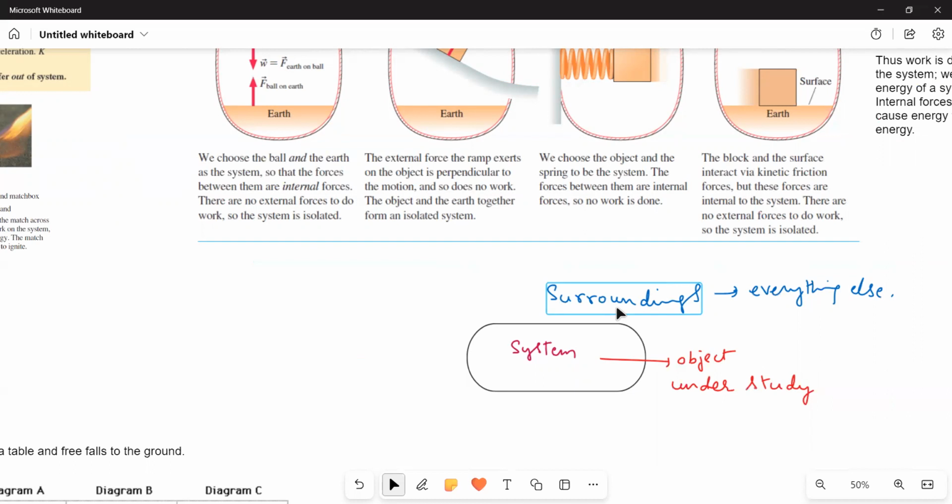Suppose work is done by the system, then the energy transfers from the system to the environment or the surroundings. The system may be one object, two objects, or n number of objects, but all the objects under study are called the system, and everything else is called the surroundings. That is one thing you should remember.